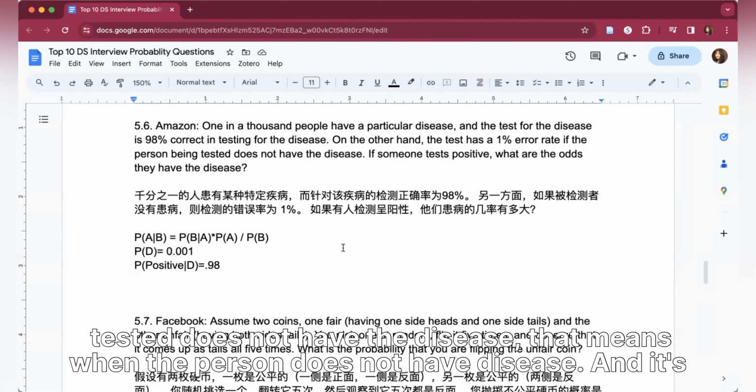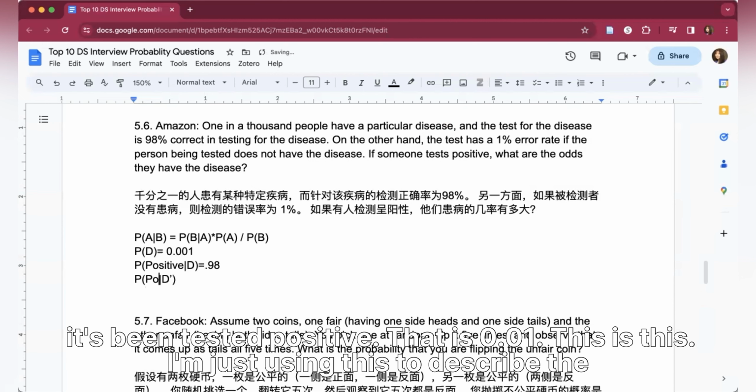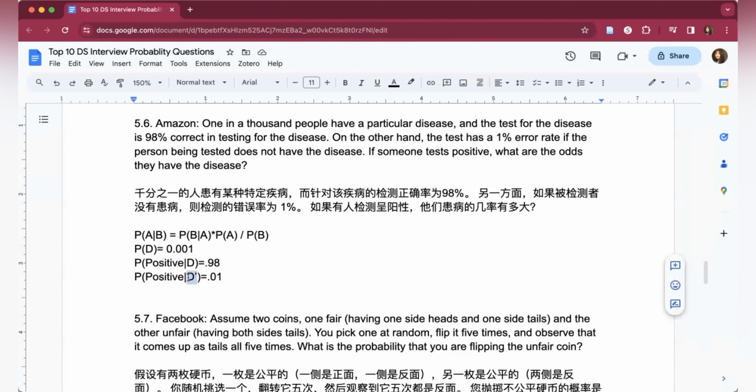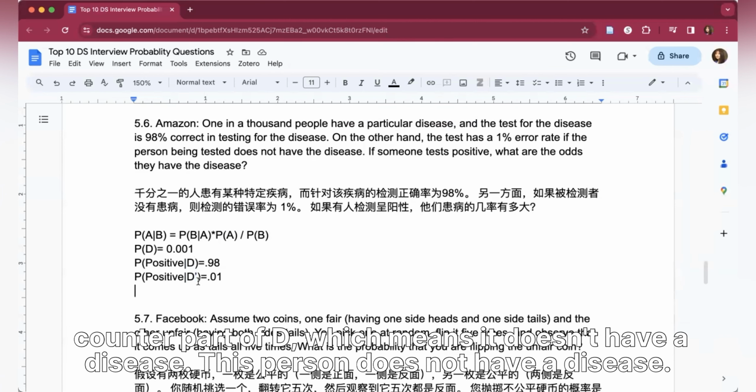That means when the person does not have the disease and is tested positive, that is 0.01. I'm using this notation to describe the counterpart of D, which means this person does not have the disease.